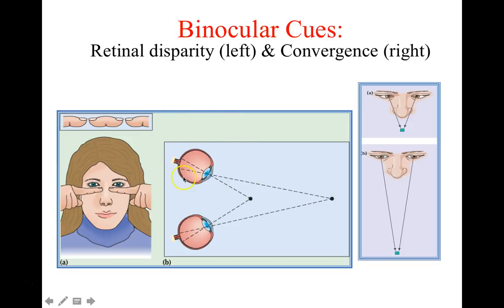Now, binocular cues: people who have only one eye can't use these cues. There's really not complete convergence. You only have one retina, so the other one can't be compared. So a person who's blind in one eye might have less depth perception because they can't make use of binocular cues.